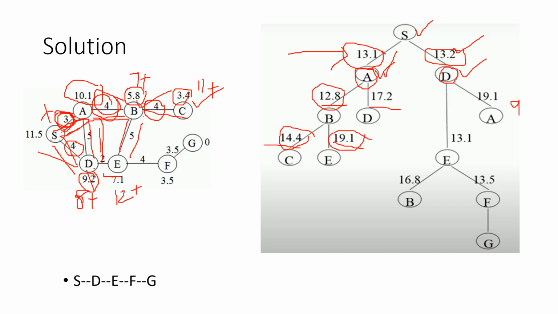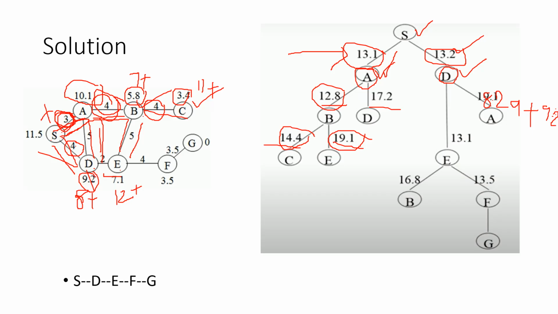So 9 is G of n and H of n is given along with D, that is 9.2. So 9.2 plus 9 is 18.2.